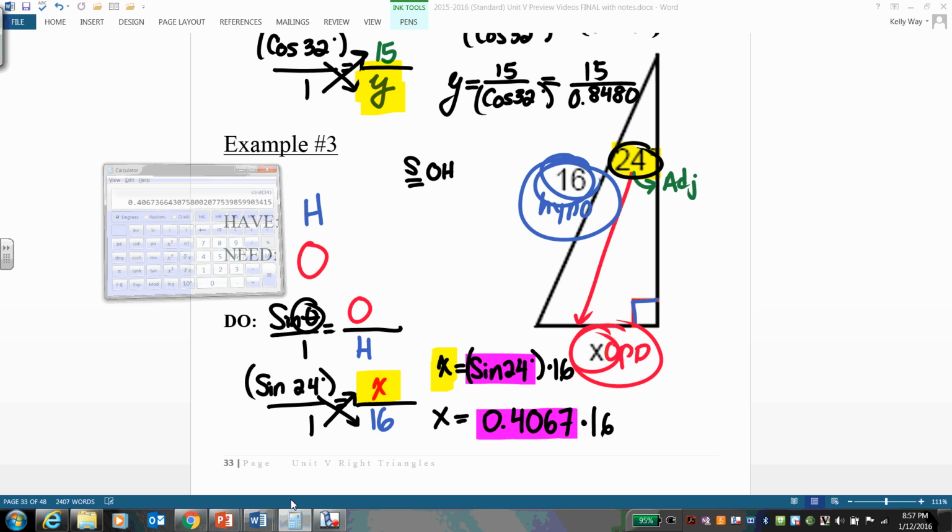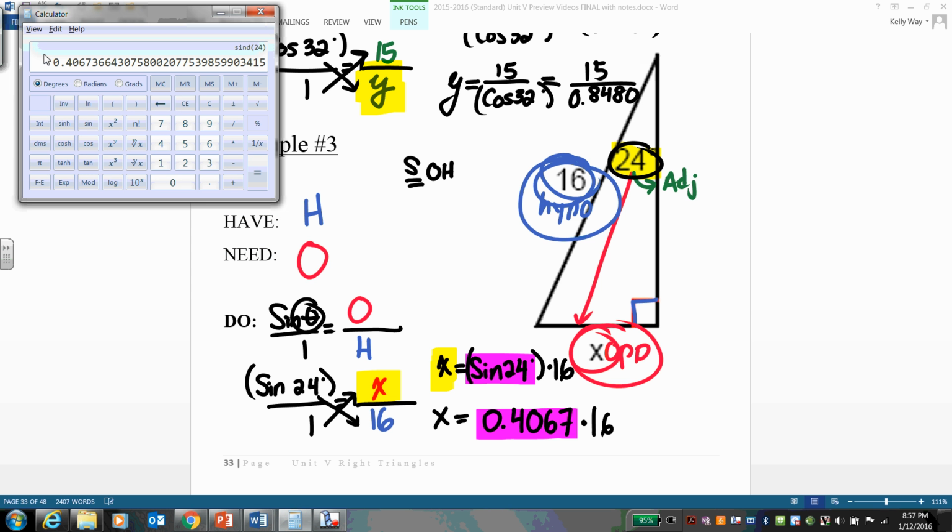Since we're just timesing, I'm going to leave that entire ratio. That's fine. It doesn't make that much of a decimal difference. Times by 16. And lo and behold, we're going to take it to the second decimal place. That's going to be 6.51.